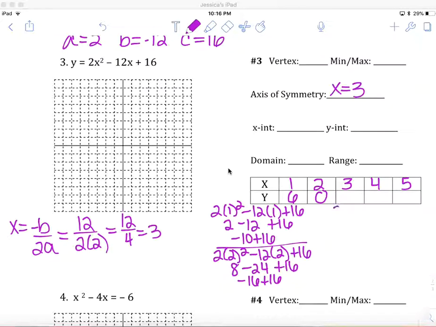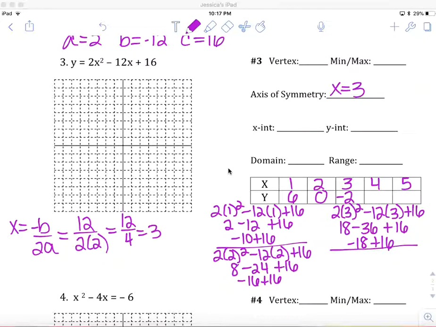Plugging in 3, I get 18 minus 36 plus 16. So this would be negative 18 plus 16, which is negative 2.